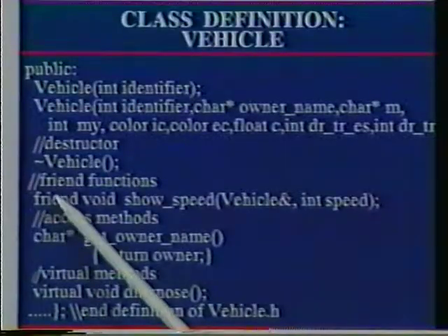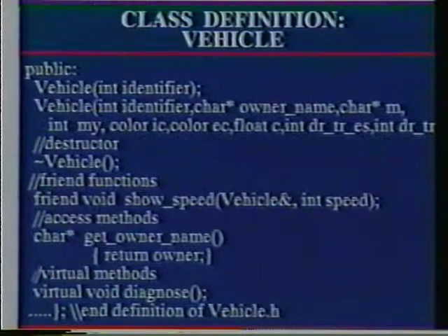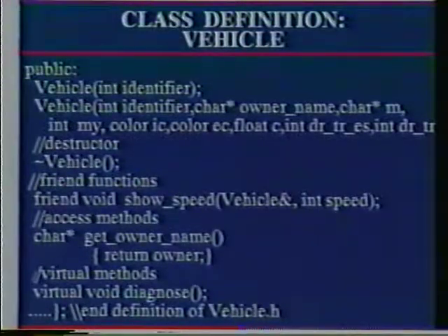In this particular class, I have a friend function, and the friend functions can go in and change any of the variables in the private part of this vehicle. So friend functions are a way to avoid this strict encapsulation, so you have to use them sparingly.